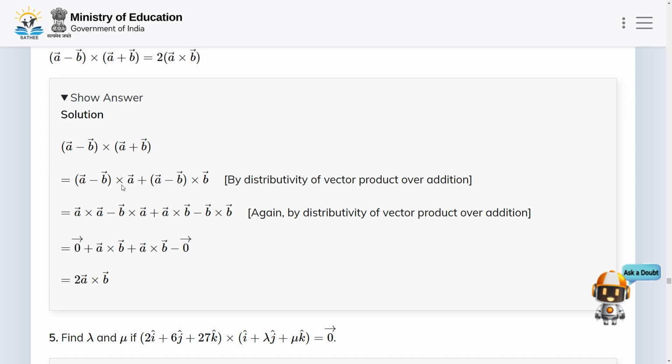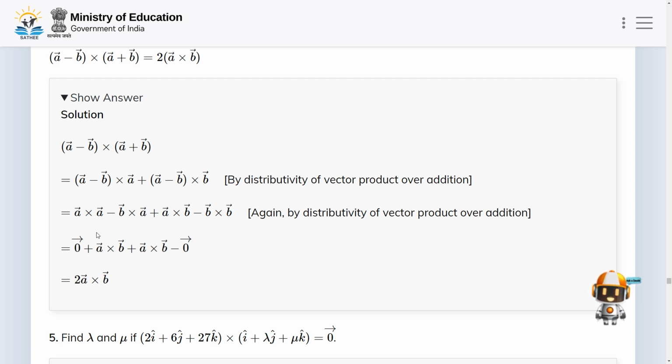You will have A cross A minus B cross A plus A cross B minus B cross B. You all know that minus B cross A is the same as minus of minus A cross B. This means plus A cross B.